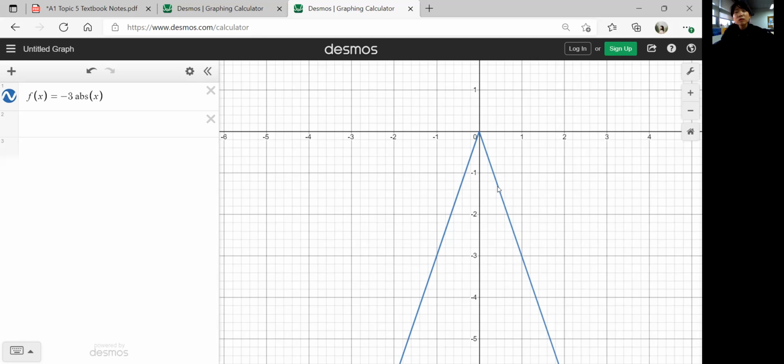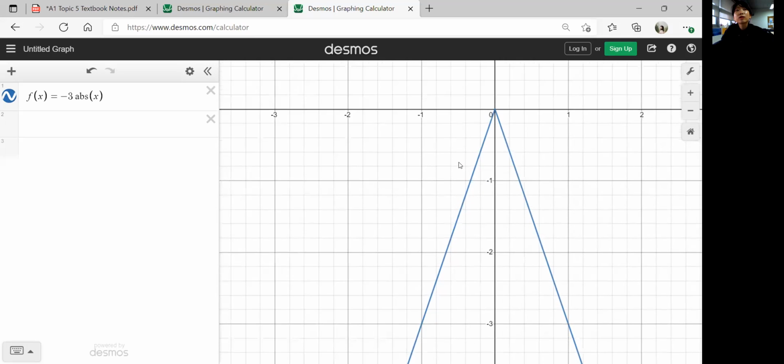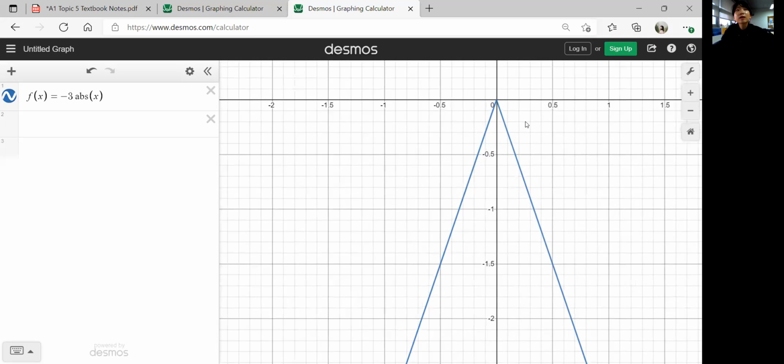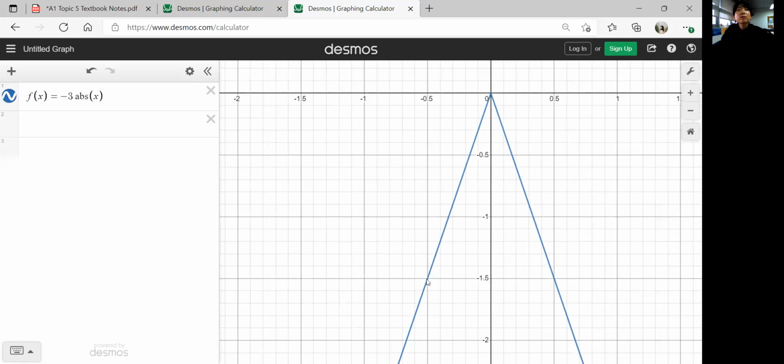So you can divide this in half by the y-axis again and figure out the slope. Look at the slope here. Pick a point. This point seems like a good point.